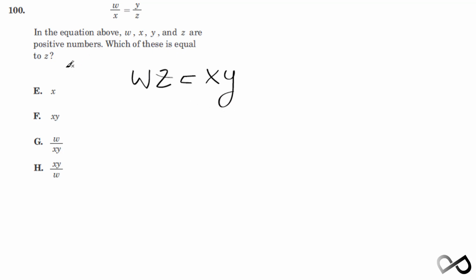And again, we want to try to isolate the z by itself. And so we're going to divide both sides by w. And we're going to get z equals xy over w. And that is going to be choice H.